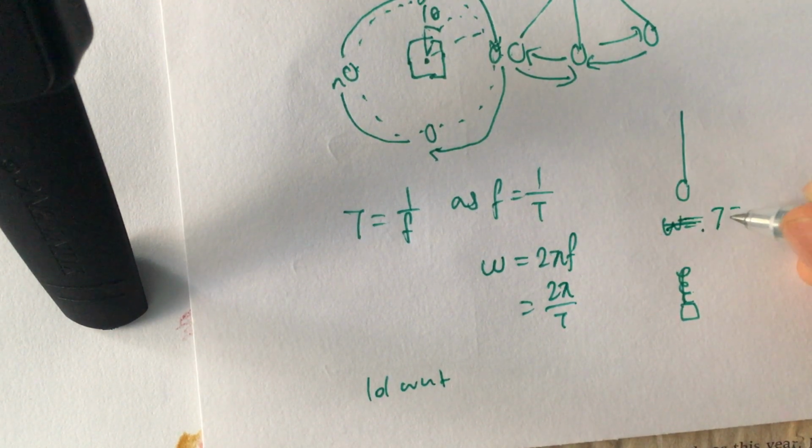So now we go to the very important equation: acceleration equals negative w squared x. What does this mean?